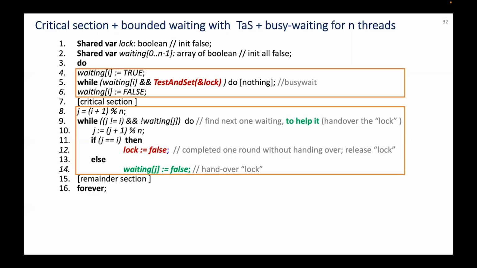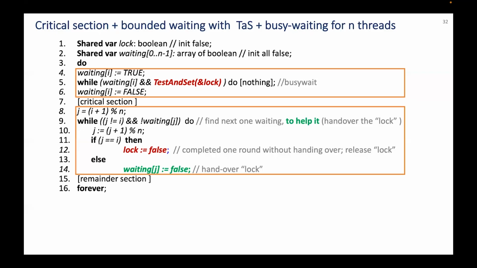The thread circles over the waiting array, starting from the next thread in the array, as if the buffer is circular, and then stops as soon as it finds one entry for which waiting is true, or if it completes the circle. If no other thread is waiting in its loop inside its entry section, then this thread sets lock to false. So some other thread that wants to enter its critical section later on can do so.